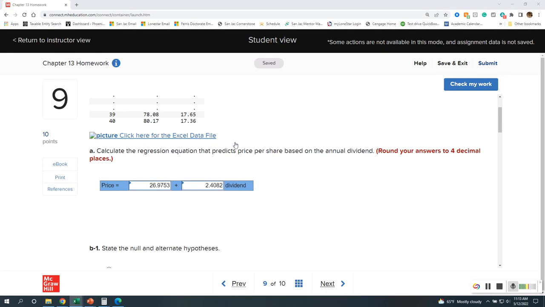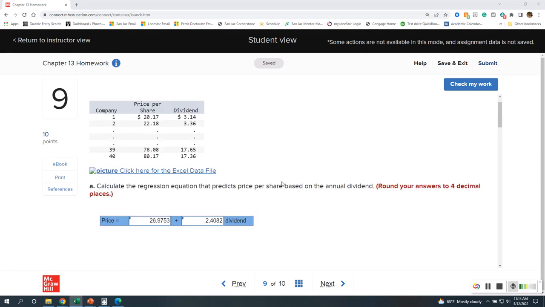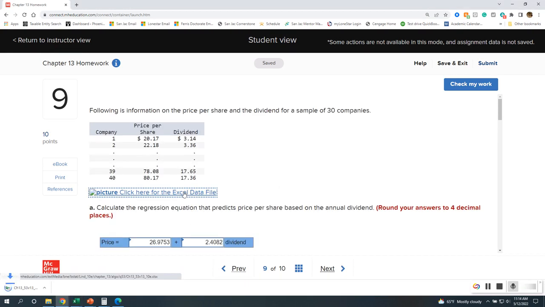I'm going to try and redo this. I'm going to redo it, see if it comes out to the same, because it looks like there's an error.